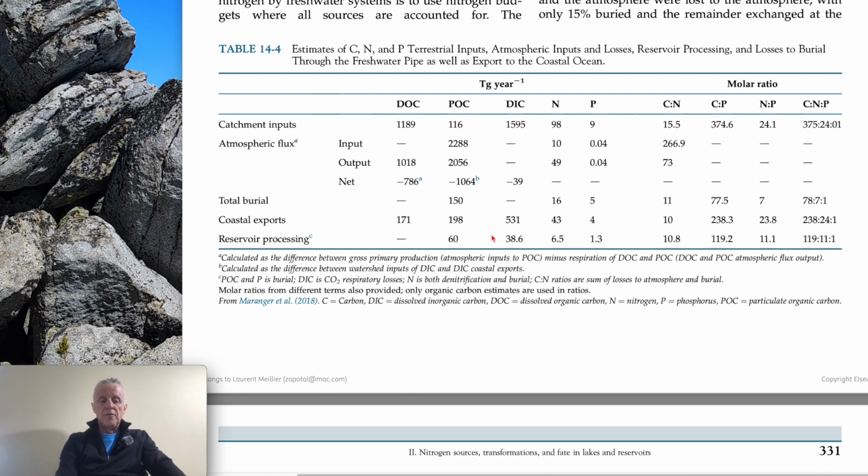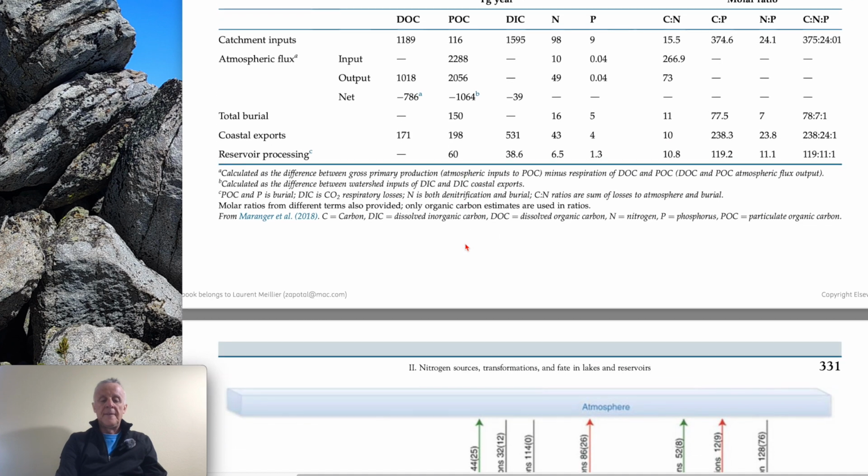And reservoir processing, and that is dominated by particulate organic carbon, and secondly by dissolved inorganic carbon. So there's something opposite between coastal export and reservoir processing here. Where we have coastal export dominated by dissolved inorganic carbon, and then we have reservoir processing dominated by particulate organic carbon.